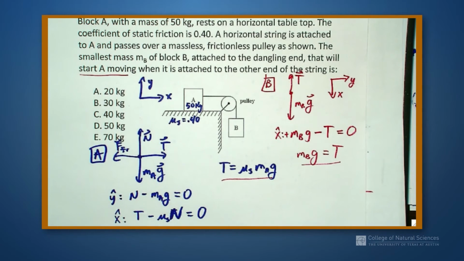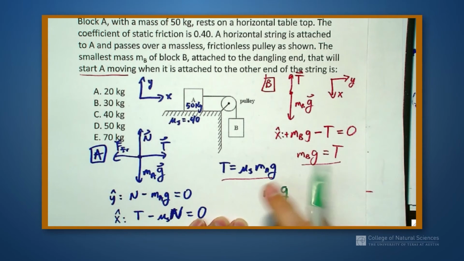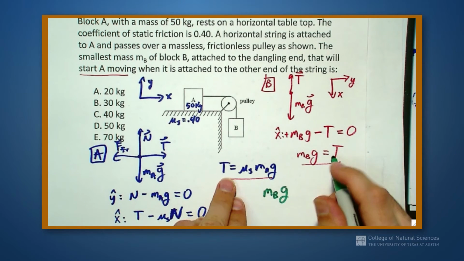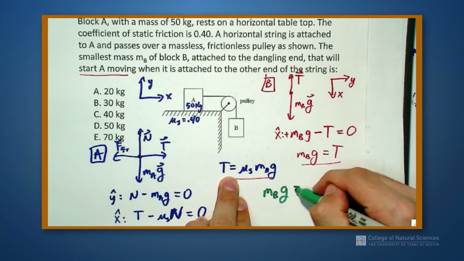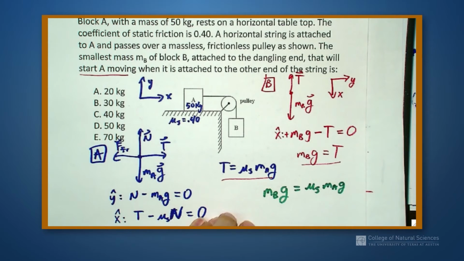I see that I have tension here, and I have that there. So let's combine these two equations. It says m B g, where I substituted in for my tension, is equal to mu s m A g. Okay, I guess I actually do know my static friction. That was one of my values. I misspoke earlier.